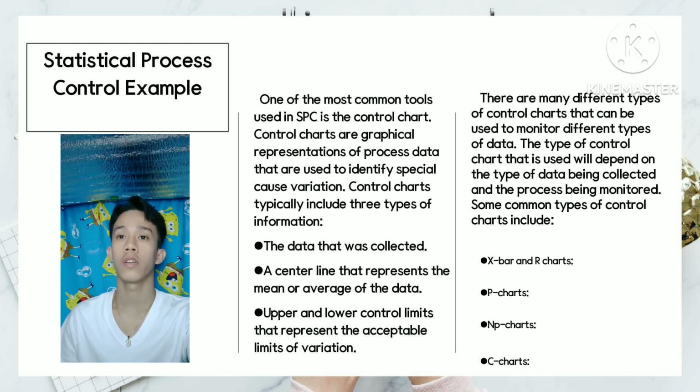These charts are similar to P charts, but are used to monitor the number of non-conforming units in a process. And last is C charts. These charts are used to monitor the number of events that occur in a process. Examples of events include the number of defects, accidents, and so on.